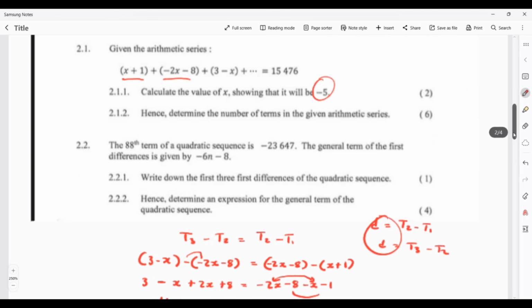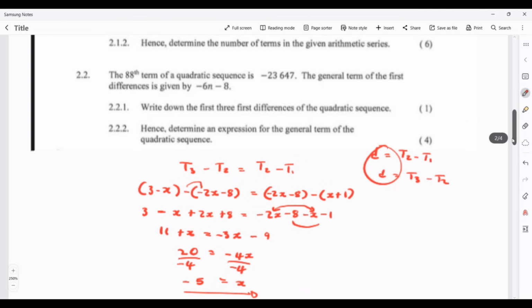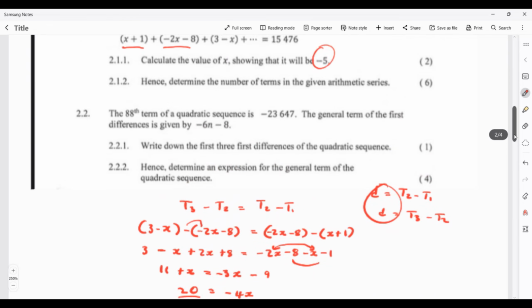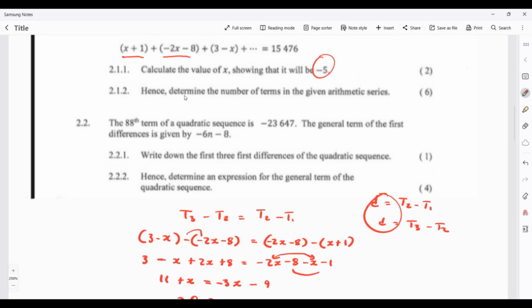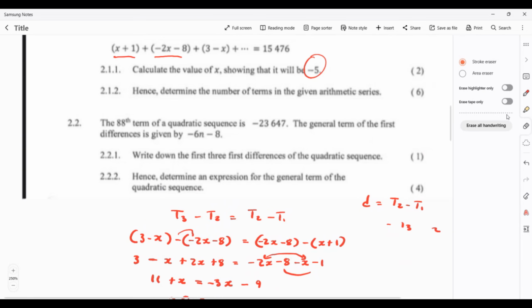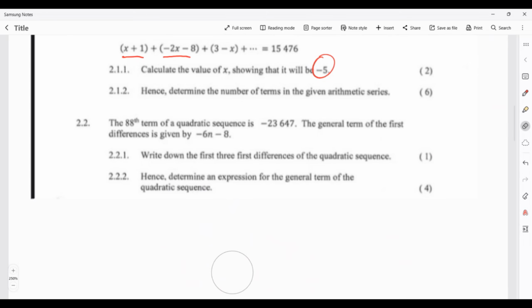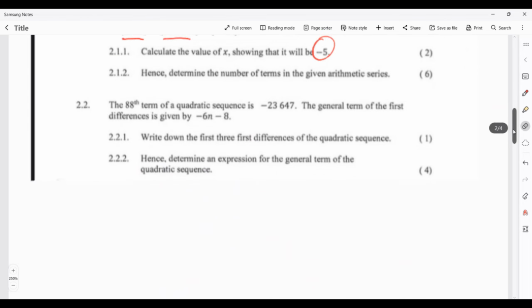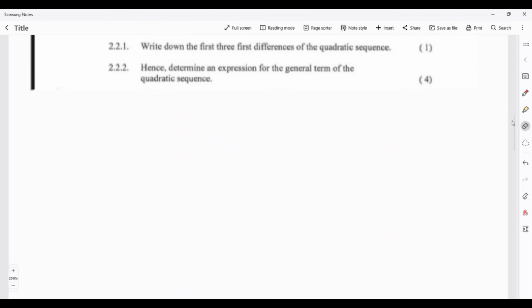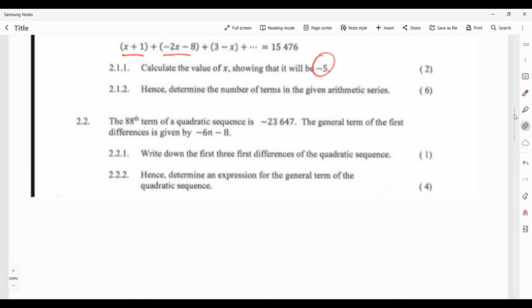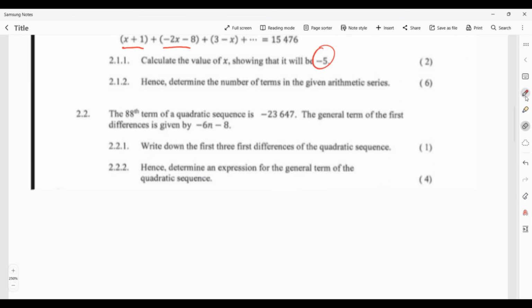So having shown that, they said, hence, determine the number of terms in the given arithmetic series. To determine the number of terms, I need the first term, because I'm given everything in terms of x. So I'm going to form a sequence.